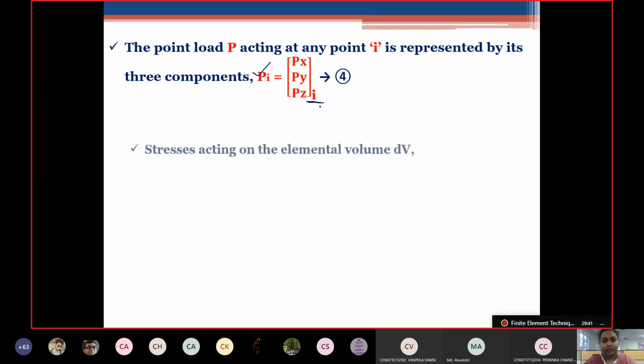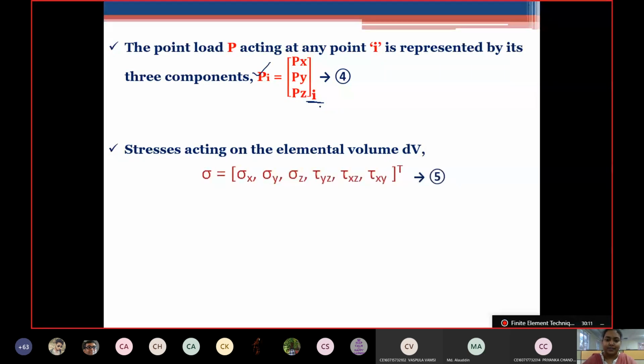Now, the main point. All representations we saw till now: what is displacement component, body force component, traction component, and point load component. All these are the categories we saw. Now we'll come into what are the stresses acting in the element. This was actually done in your second year session, but this will be a clear, little bit brief session.